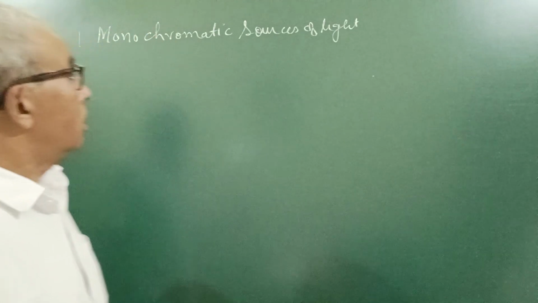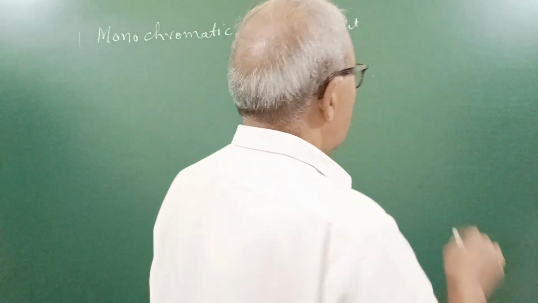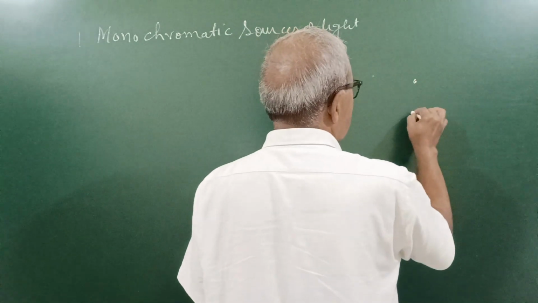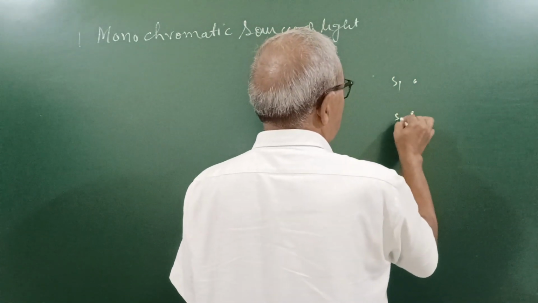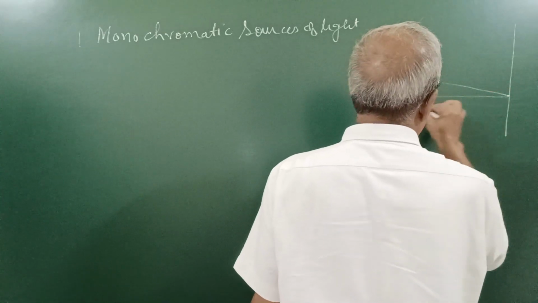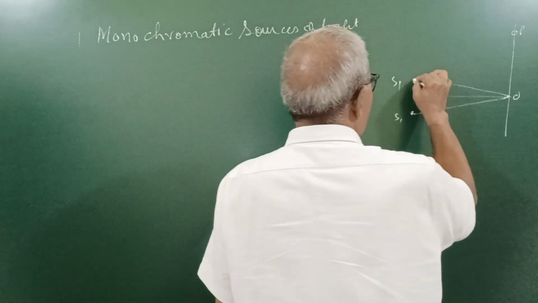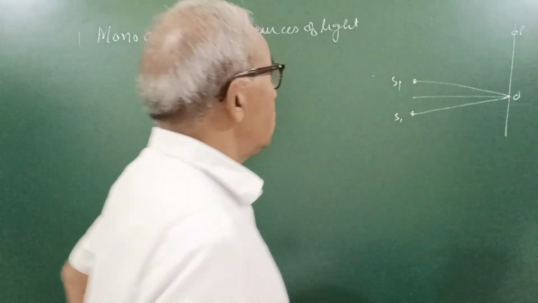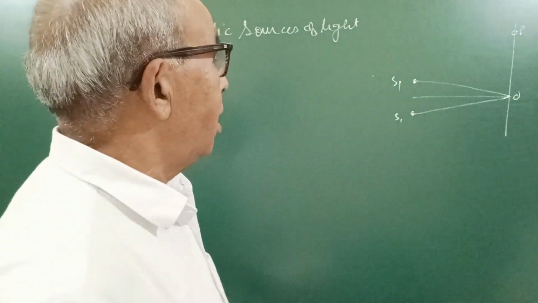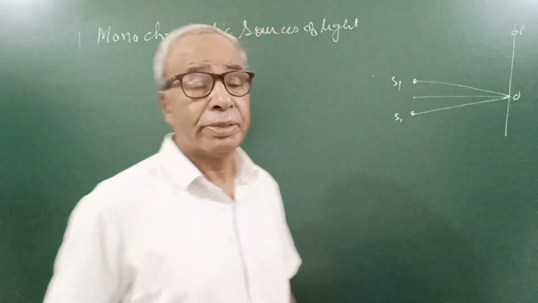Yesterday, I uploaded a video in which I took 2 sources S1, S2. And this was the screen, and there were points O and P. I told there that these 2 sources are emitting light in the same phase and of the same wavelength.